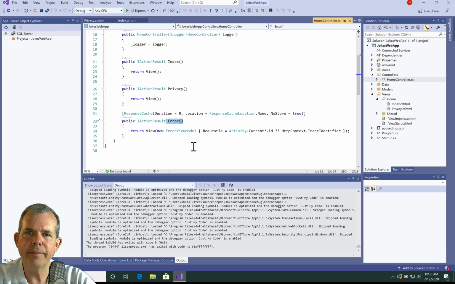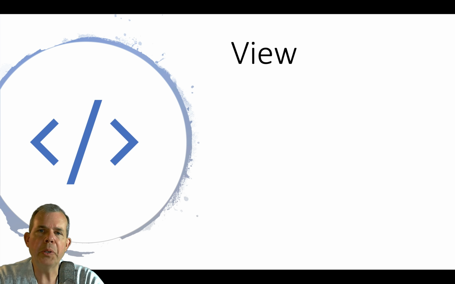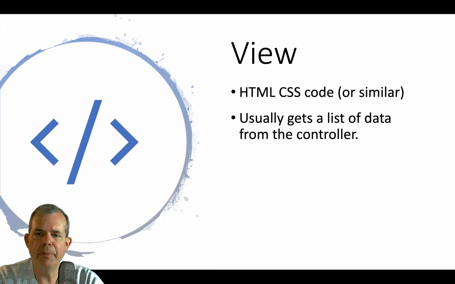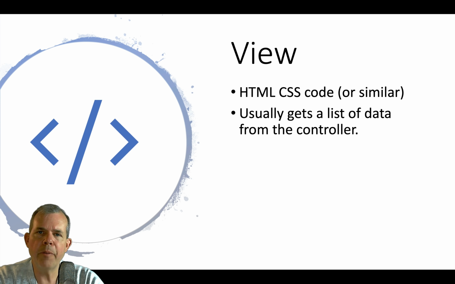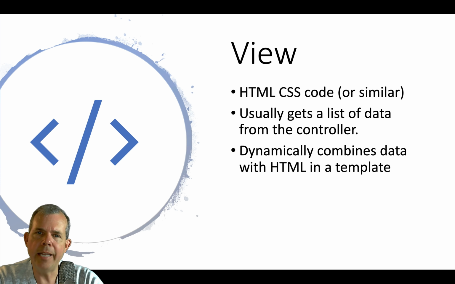Hi, in this section of the tutorial, we're going to create some views. Remember that a view is a piece of HTML code or something similar. It usually gets its information from a list of data from the controller. We're going to dynamically create this page using C# and the HTML language.